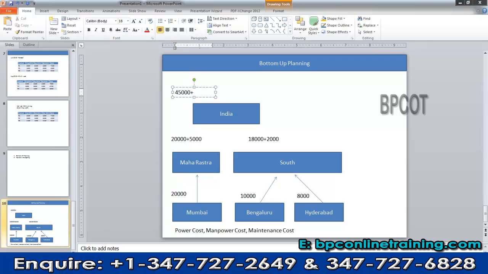Plus India headquarters has some expenses, that is $10,000. Total, my estimated planning value is 55,000 USD. How did I come to this figure?